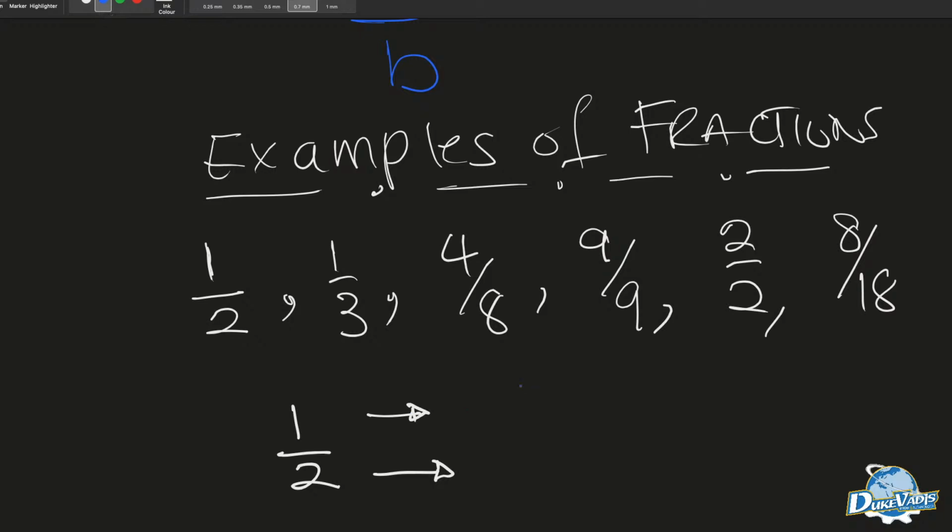So over here we say 1 is the numerator, and 2 is the denominator.